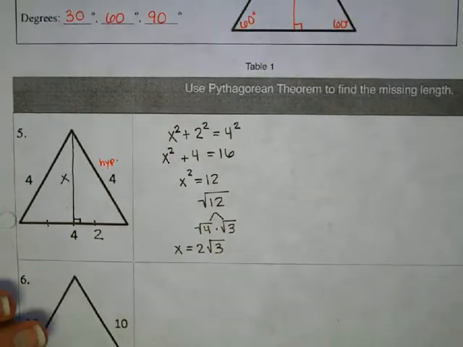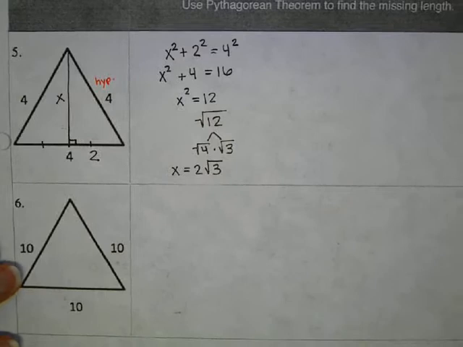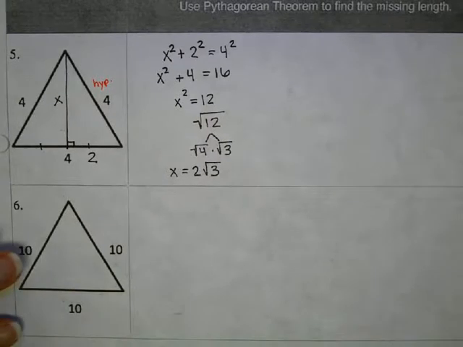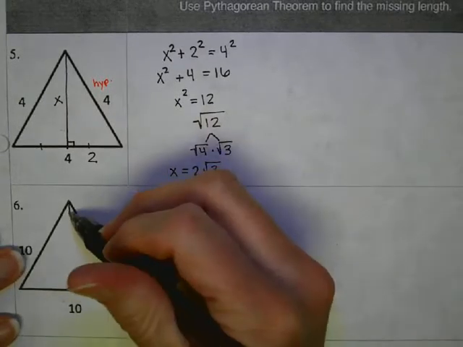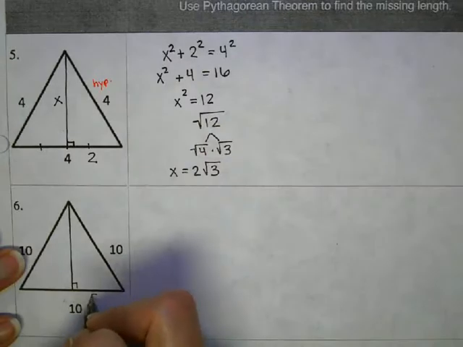Let's try the next one. This time we have 10s on all sides of our equilateral triangle. So if we split that down the middle, that creates this side to be 5, and we don't know that side.